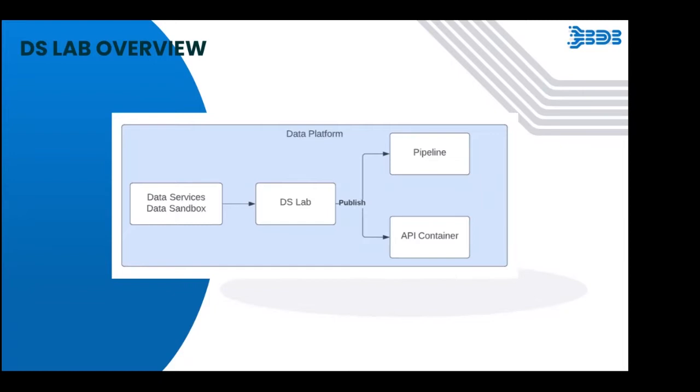Using that connector, we can connect to the database, get a snapshot of the database, and create a data set. That data set can be consumed inside DS Lab. At the click of a button, I can create a data frame. So I need not bother whether I am getting my data from an SQL DB or from a MongoDB.